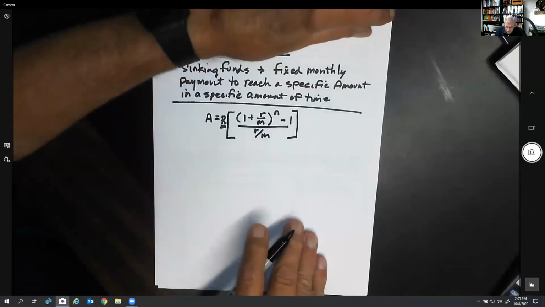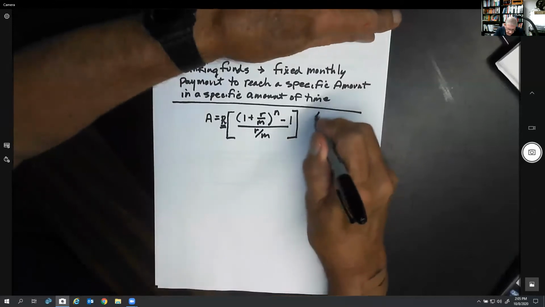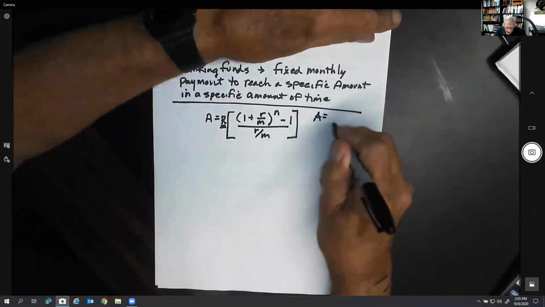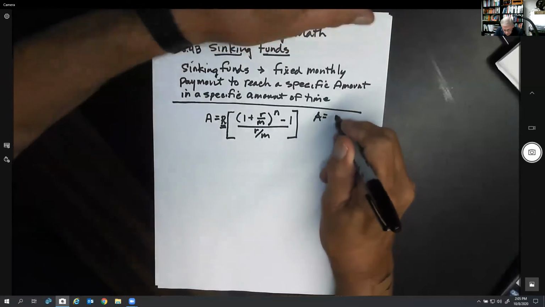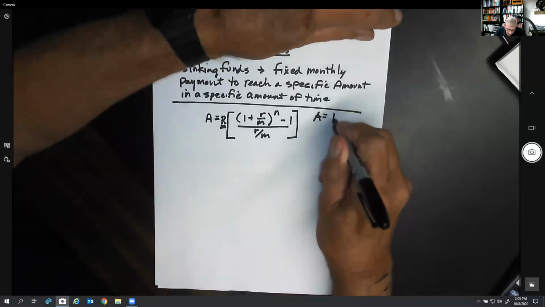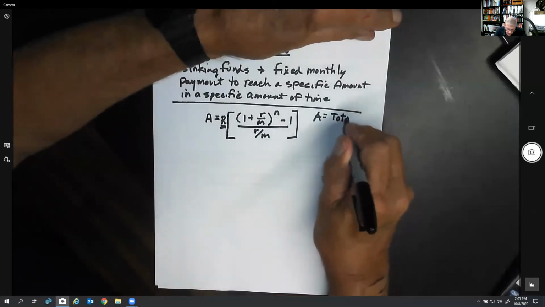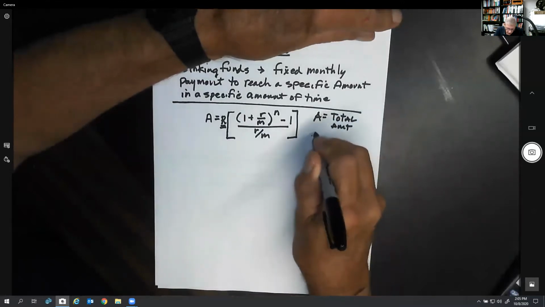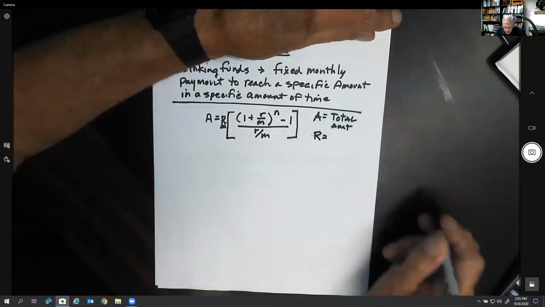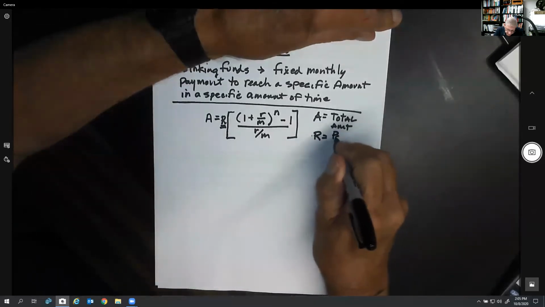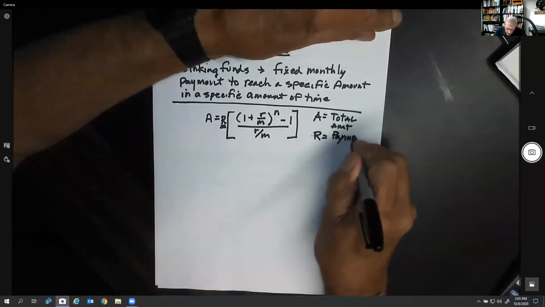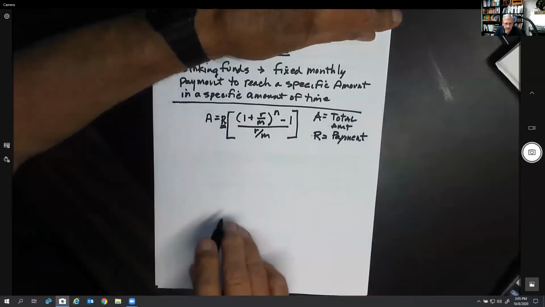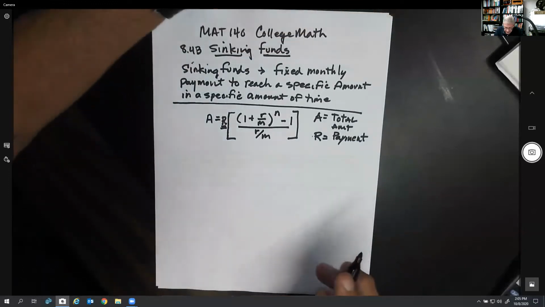So let me write down. A is the amount that you're trying to save up for. This is the total amount. R, big R, capital R, is your payment. That's what we call a sinking fund.